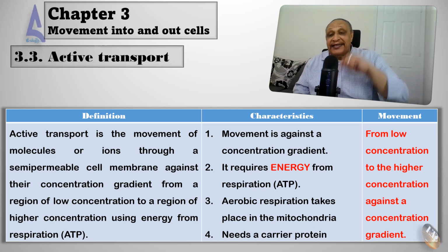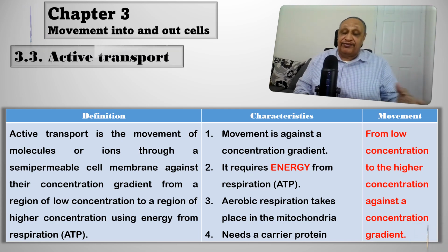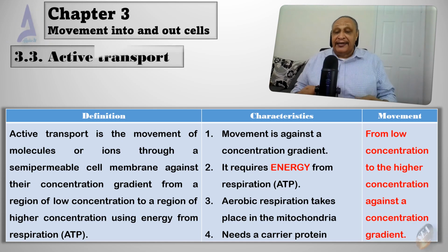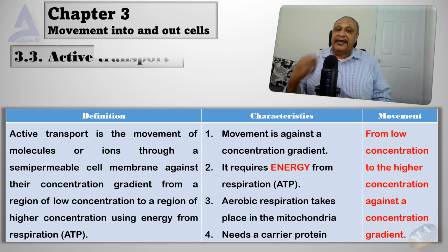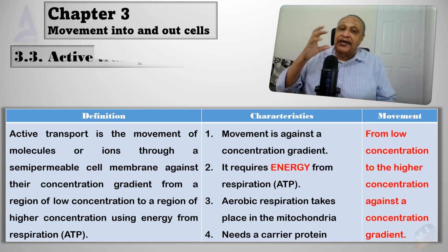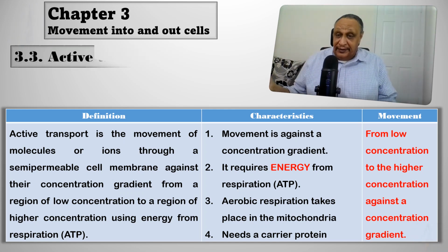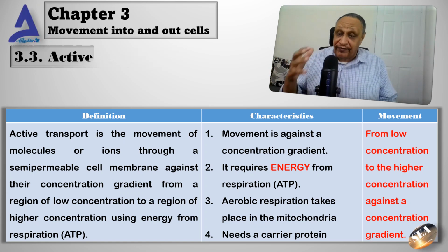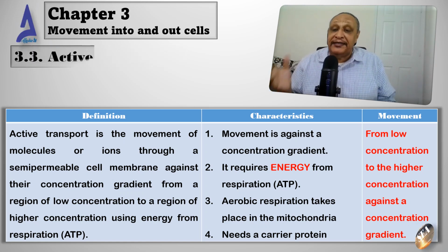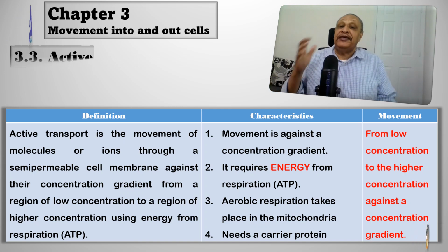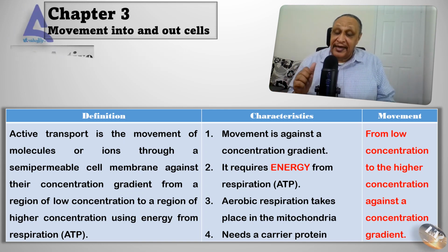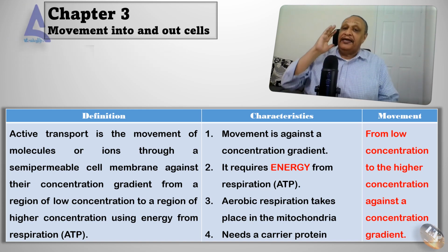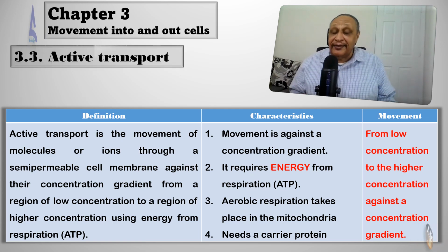And because it is against the concentration gradient, it needs the help of energy. So it requires energy from respiration, in the form of ATP. And ATP is the acronym of adenosine triphosphate. It comes from where? It comes from aerobic respiration, which takes place in the mitochondria.